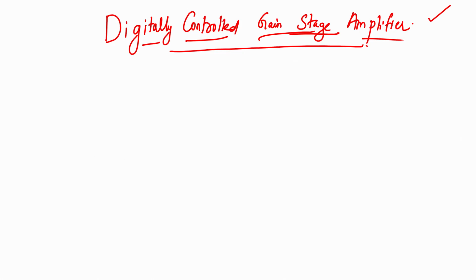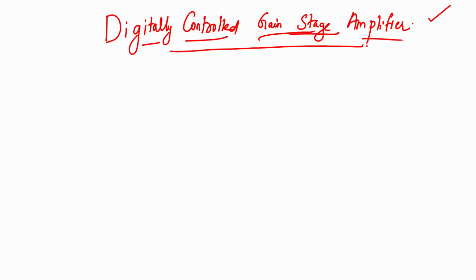Already we have seen an experiment where we have given a bit sequence to the DAC, and it gives a current output, correct, and the current output is converted to a voltage, which we visualize as the analog version of the digital input signal.